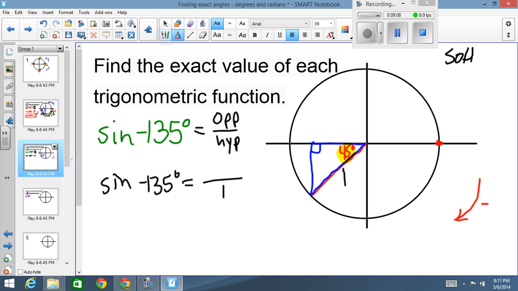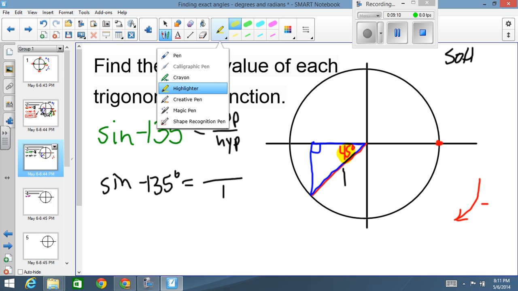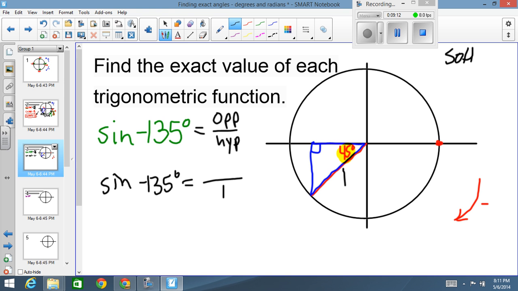So, let's think about our template for 45, 45, 90s. I'm going to put it down here so it coincides with the right triangle we're dealing with. Anytime I have a 45, 45, 90, both of these two sides are the same because it's an isosceles triangle.